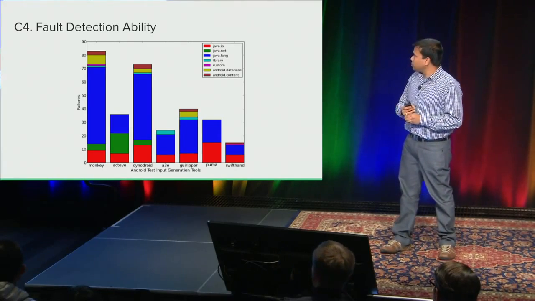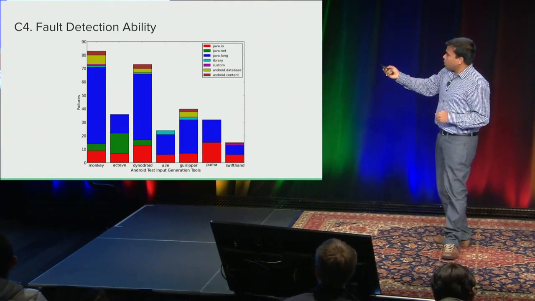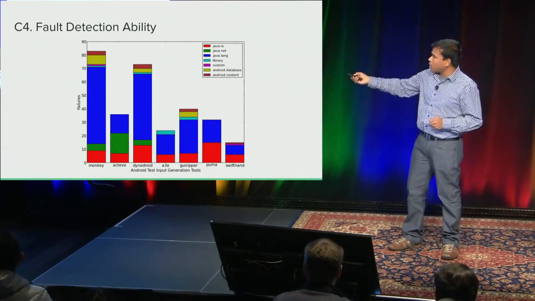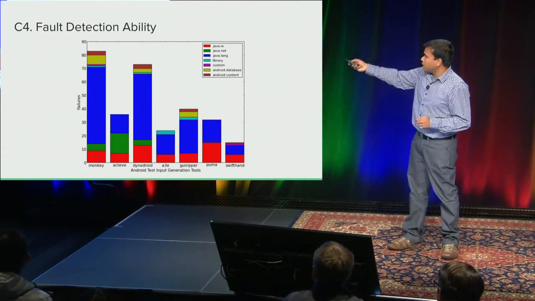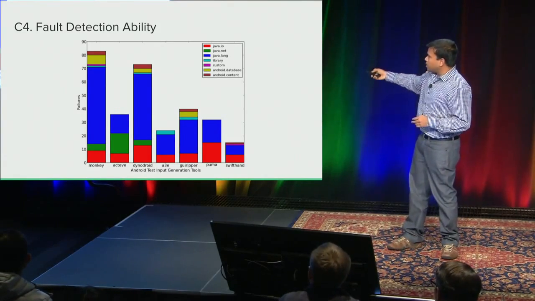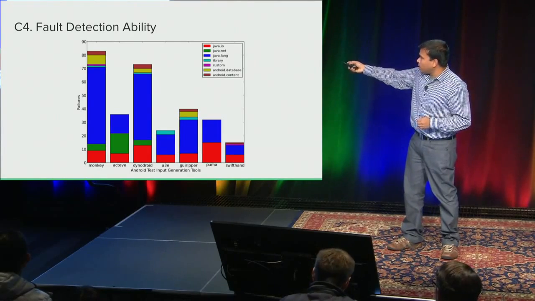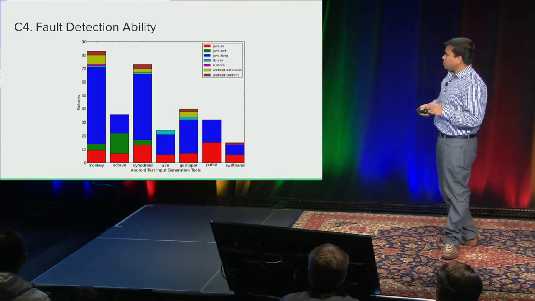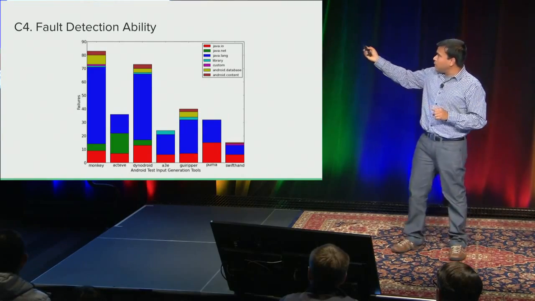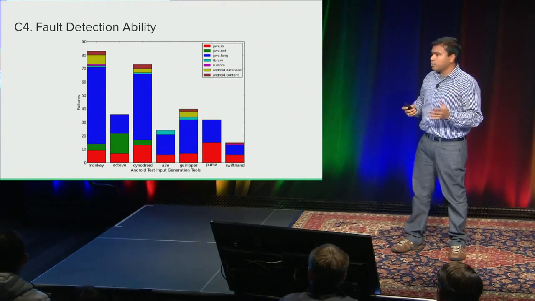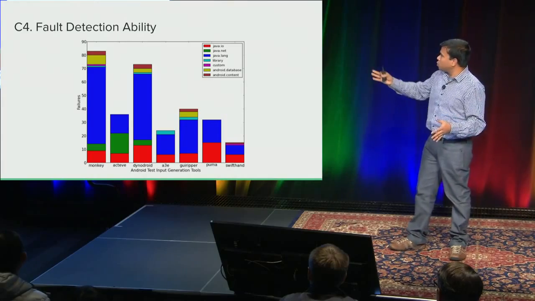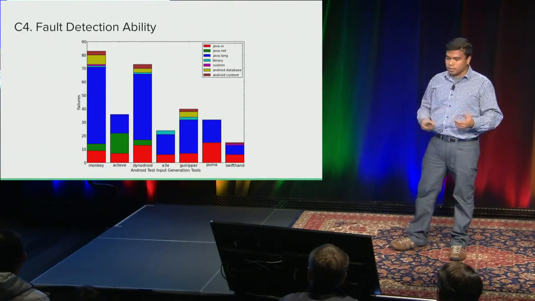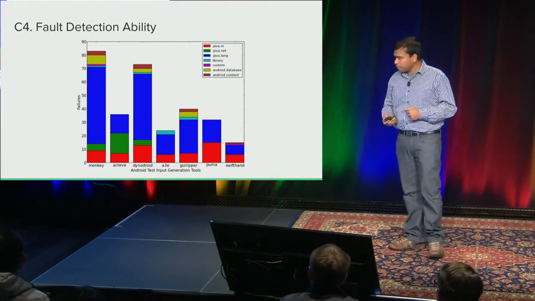In the case of Monkey, it could get a lot more java.lang exceptions than other tools, whereas a tool like Puma got java.io and java.lang. And the pink colored exceptions are the custom exceptions, which were defined in the app itself, and only two tools, Monkey and SwiftRun, could reveal those exceptions.